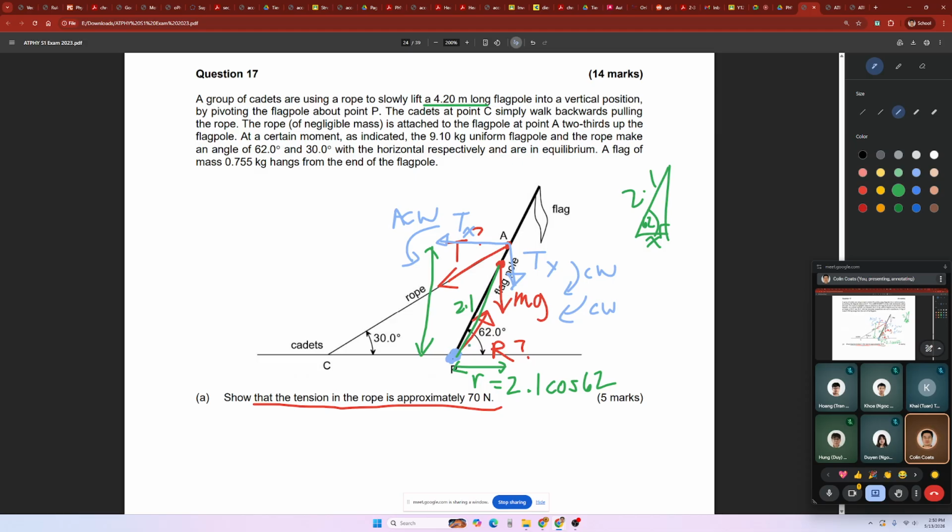What about this one? This one's going to be the same pivot point, but now it's slightly further. Where is the cable tied along the pole? It's going to tell us somewhere up here: 2/3 of the way up the flagpole. The rope is attached 2/3 of the way up. So 2/3 of 4.2.